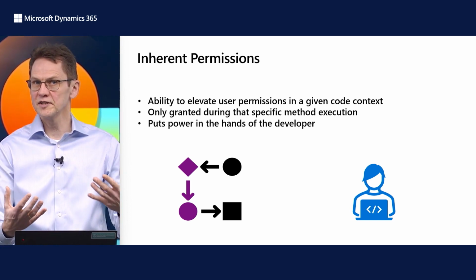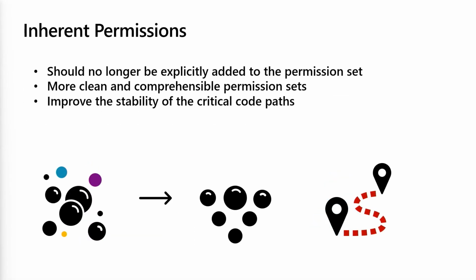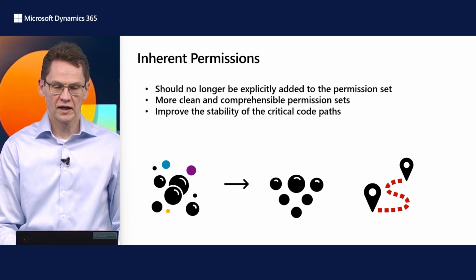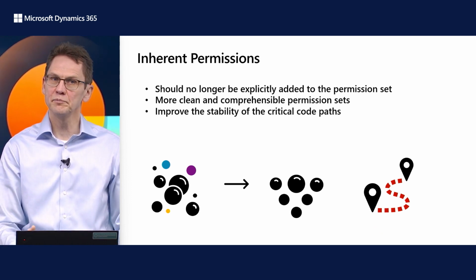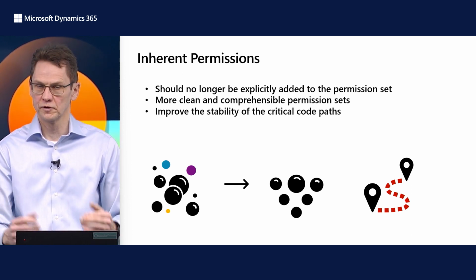But this elevation is only granted during that specific method execution. What this means is you no longer need to add this permission to the permission set, allowing you to create more clean and comprehensible permission sets and improve the stability of critical code paths because it will always work.